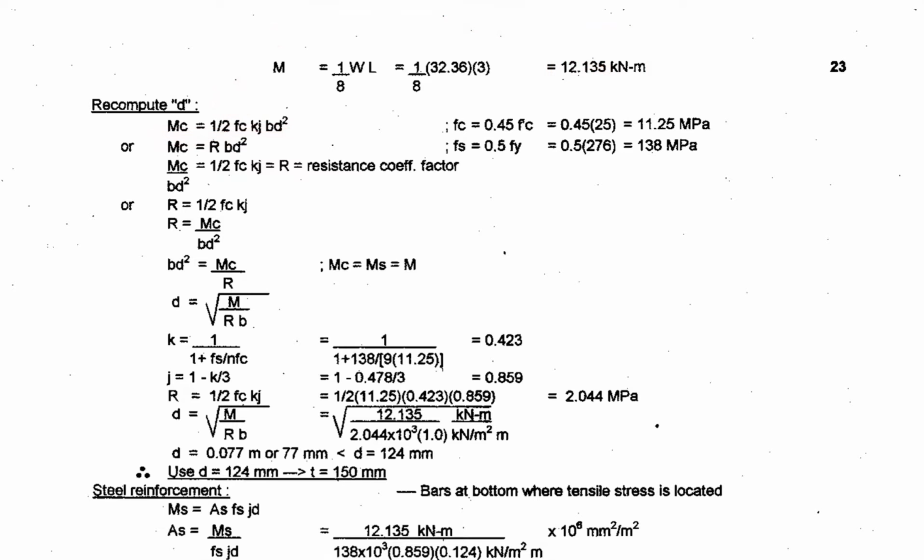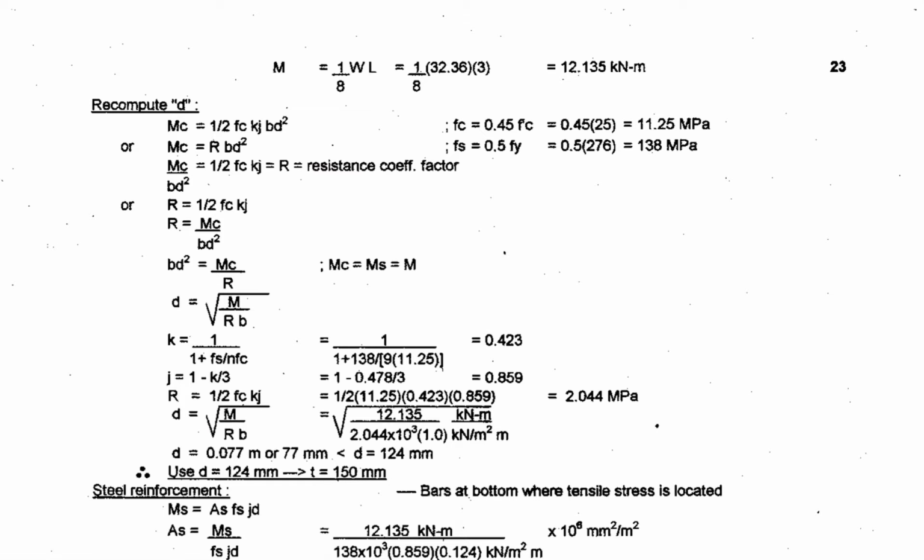Okay, then you are given fc prime of 25, so therefore compute for fc, that is 0.45 of fc prime. So you have 11.25, and then fs, that is 0.5 of fy. So you have now your fs of 138 megapascal. Then you solve for d.